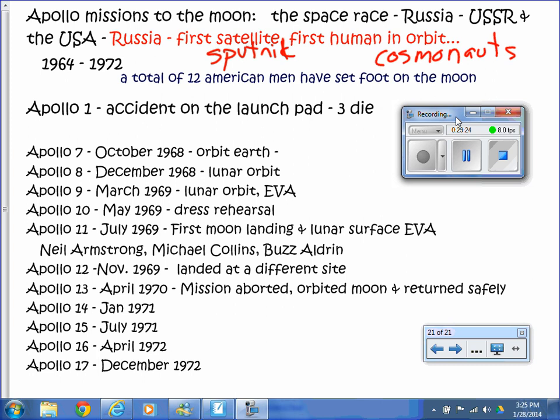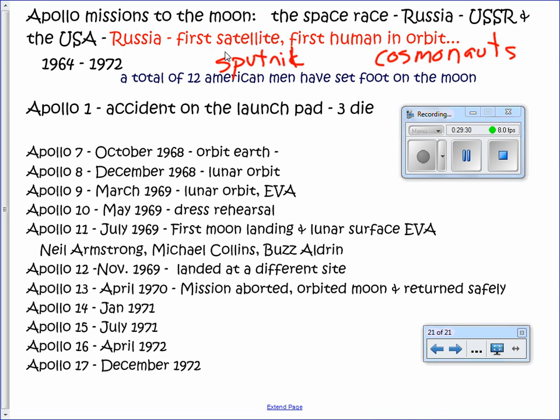The Russians at the same time had, this is called the space race, and it was a political race. It was a race to put the first human in orbit, a race to put a man on the moon, and Russia, the Soviet Union, won many of the stages in this race.